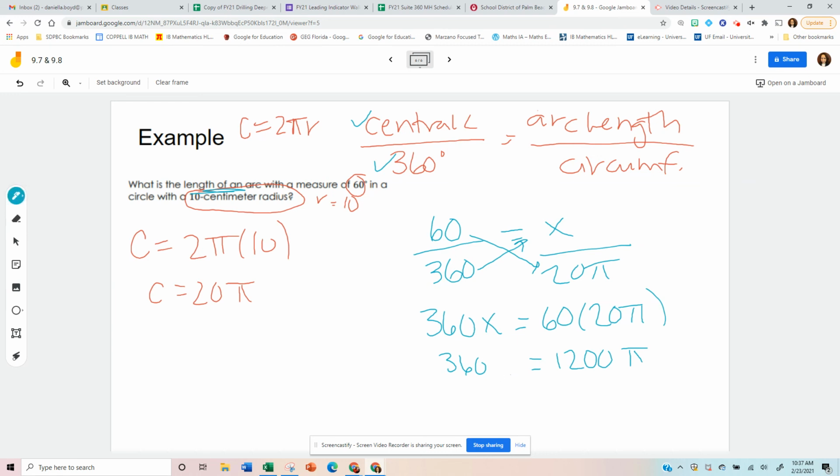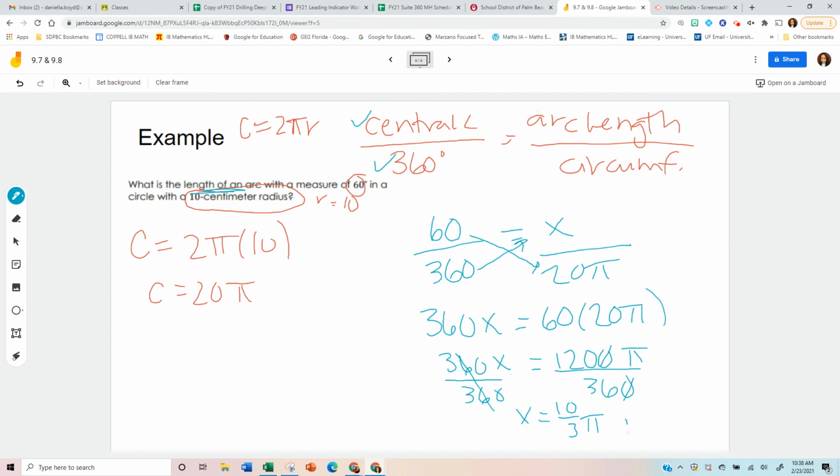My bad. And then to get x by itself, I'm going to divide both sides by 360. And it looks like I get x is equal to 10 thirds pi. The reason we get that is some of these zeros cancel out. 36 goes into 120, and we can reduce from there because they both divide by 12.